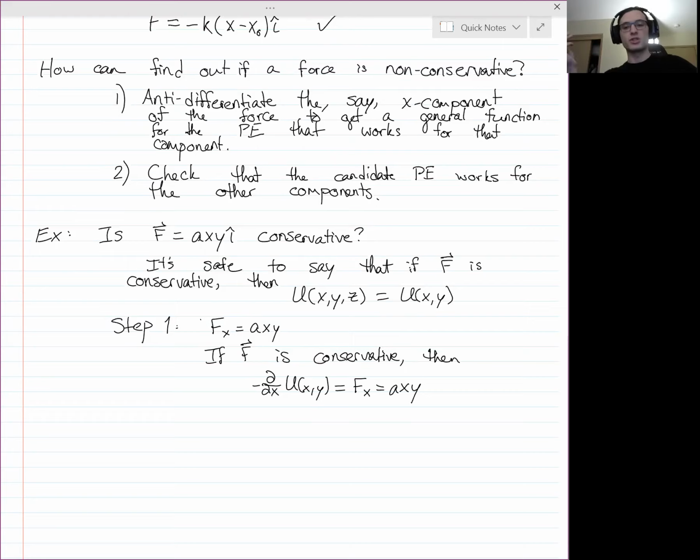And if we end up getting a contradiction, then we know that no such potential energy function exists, and hence it's not conservative.